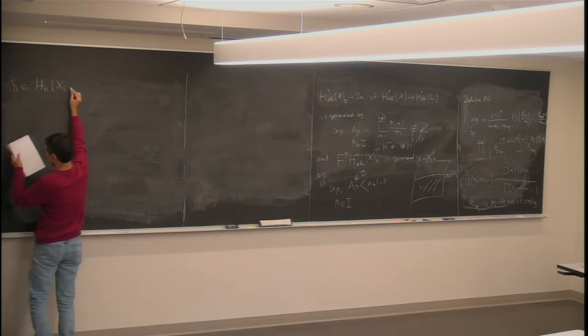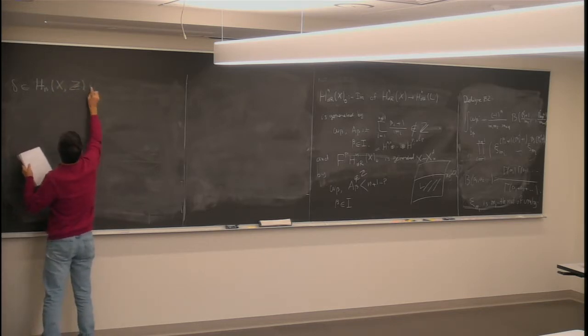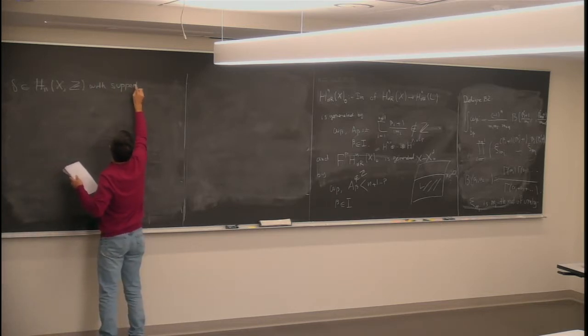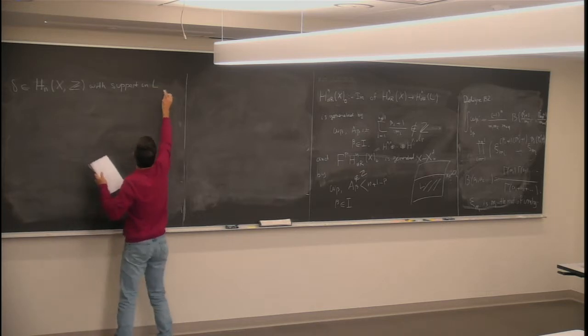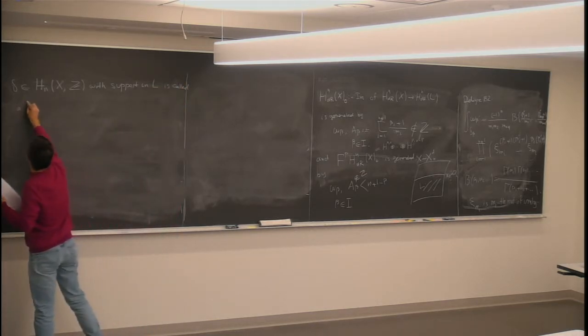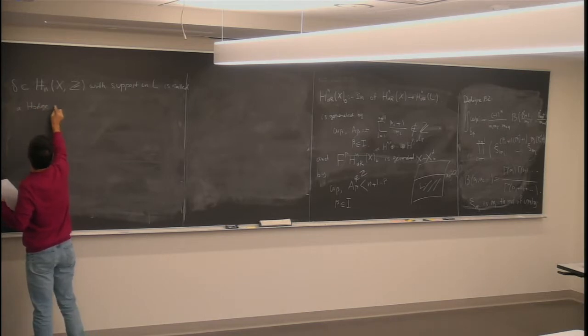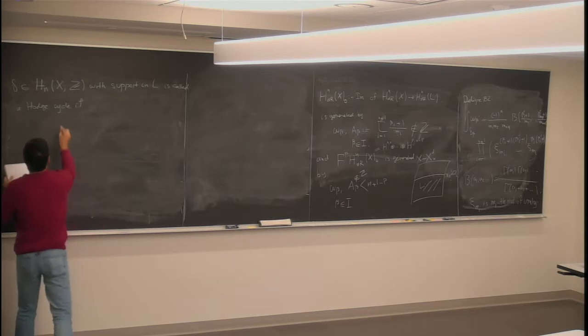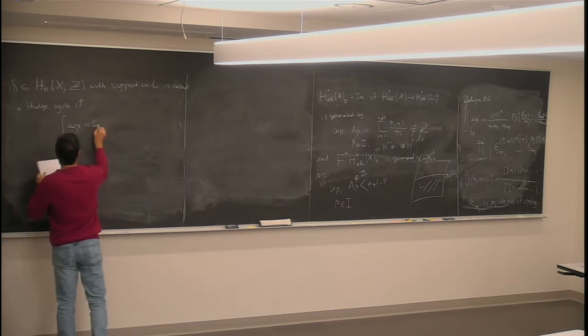Delta is called a Hodge cycle if the integral of omega_beta over delta is equal to 0.